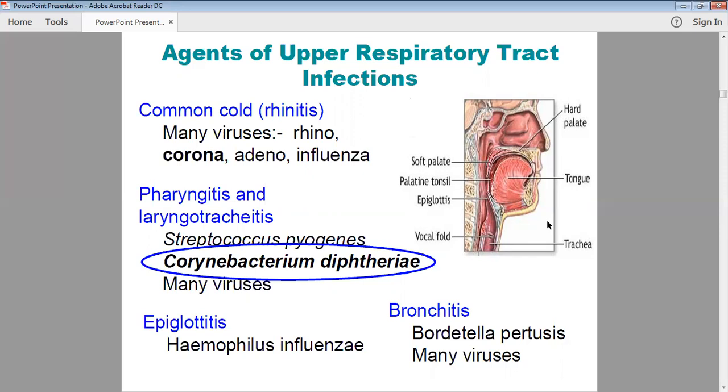Laryngoepiglottitis, also known as croup, sometimes acute, is caused by Streptococcus pyogenes, Corynebacterium diphtheriae, Haemophilus influenzae type B, the most common, and many viruses, also parainfluenza viruses. Epiglottitis: Haemophilus influenzae type B, or others also. Bronchitis: Bordetella pertussis and many other viruses like respiratory syncytial virus, RSV. So these are the commonest organisms and commonest sites of upper respiratory involvement by different microorganisms.